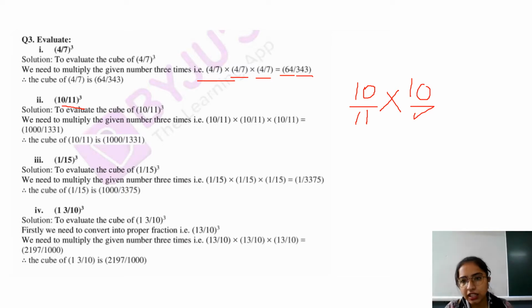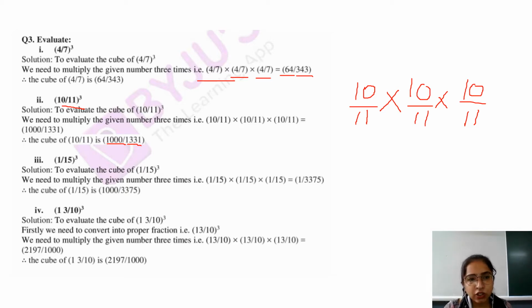Okay, 10 upon 11 into 10 upon 11 into 10 upon 11. Clear? So like this, when you will multiply, 10 into 10 into 10 will be 1000, right? And 11 into 11 into 11 will be 1331. So 1000 upon 1331 will be the answer.